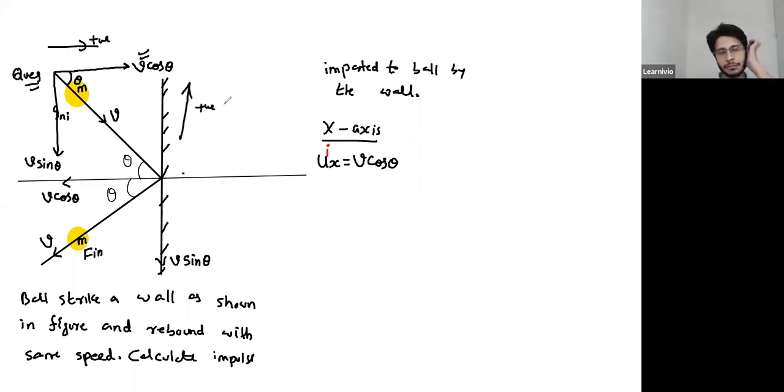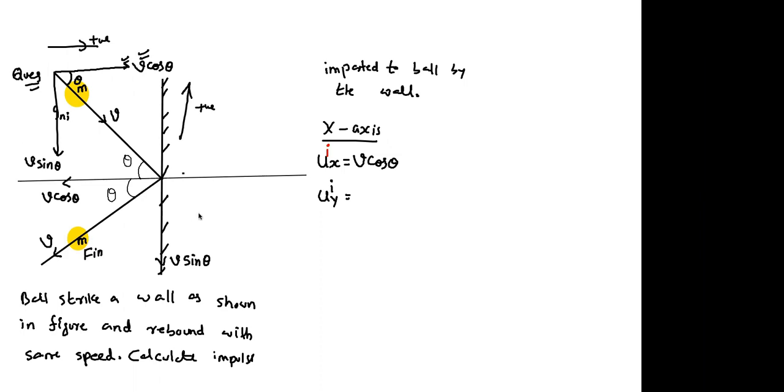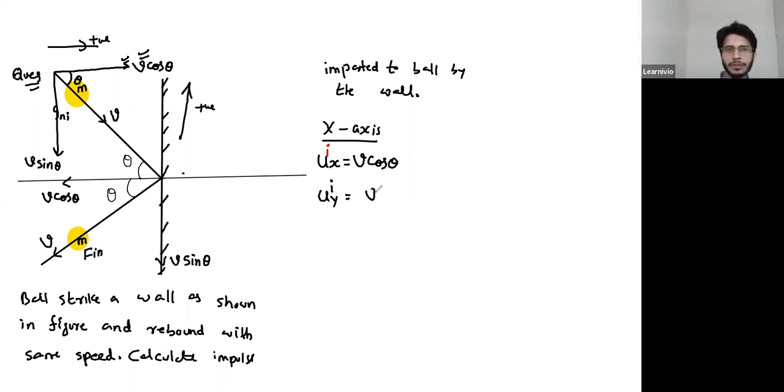Rania, keep telling me some basic things. How much is uy, initial velocity along y axis? Let's try, even if you are wrong. This is your initial velocity. I resolve this along v cos theta and v sin theta. How much is uy initial? V sin theta. Should it be positive or negative? Negative. It's negative. Okay.